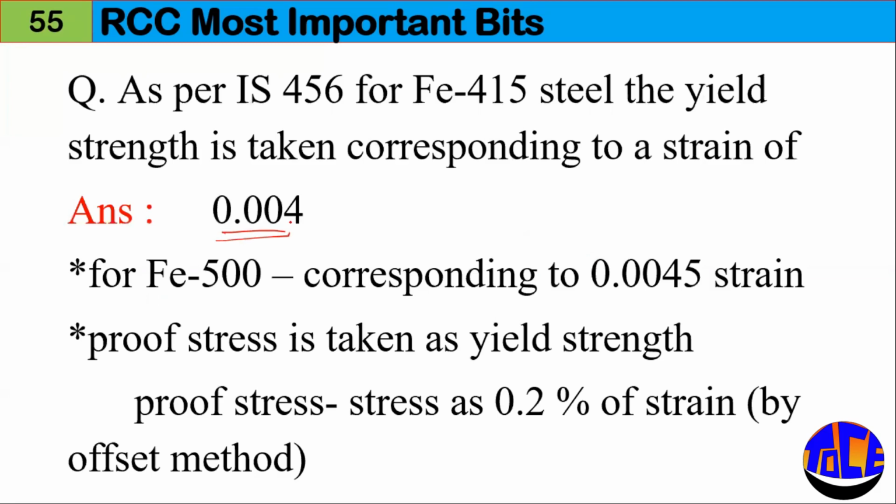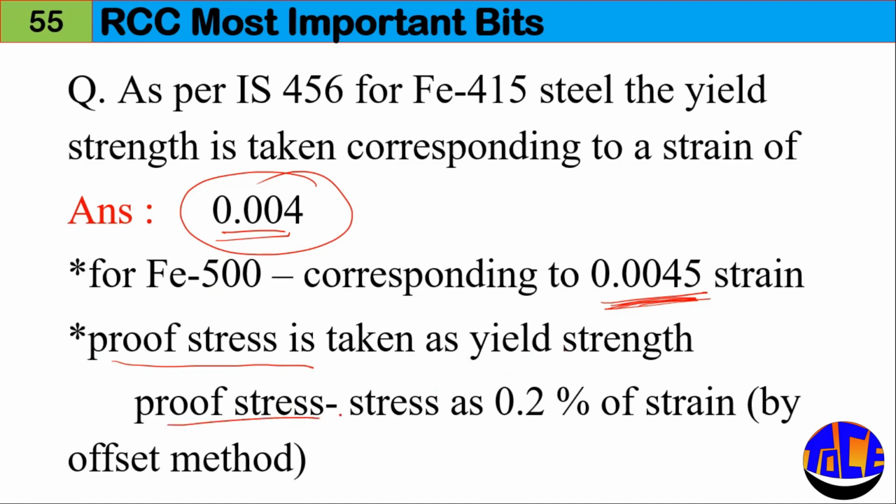So in the absence of data, you will take the yield strength corresponding to 0.004 strain for Fe 415 steel, and for Fe 500 we take the stress corresponding to 0.0045 strain. In another way, you can take the yield strength based on proof stress also. So proof stress is taken as yield strength.